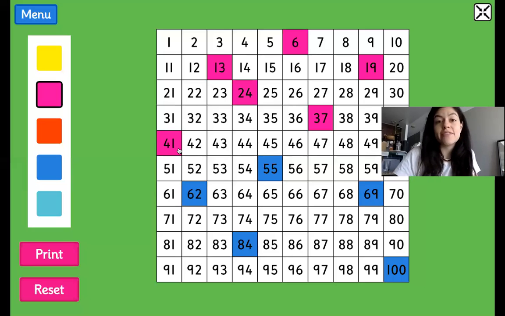Remember, a good trick to figure out what the number is, is to first think about what number family it's in.